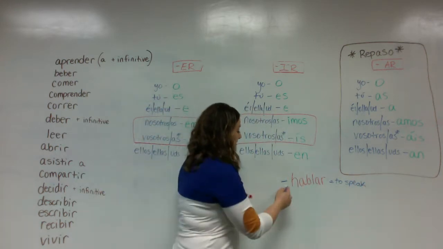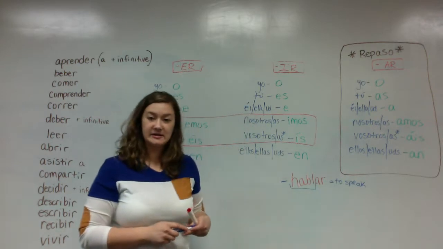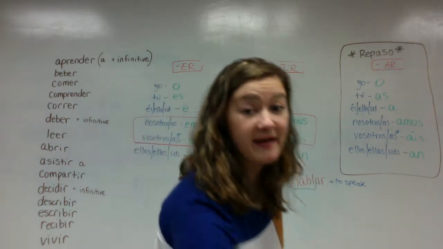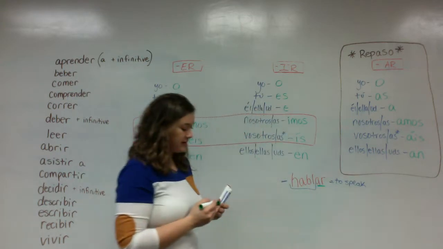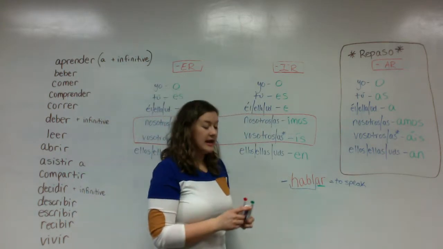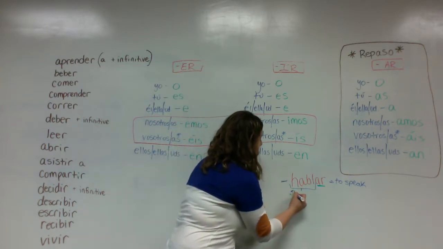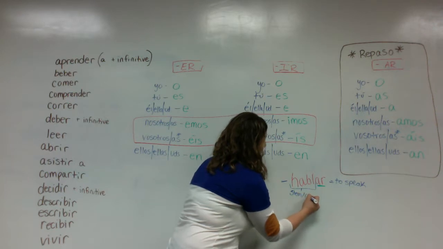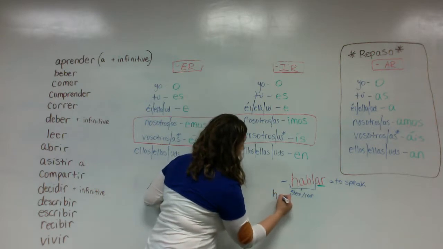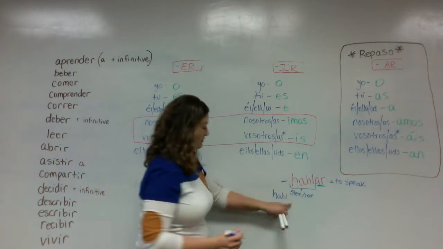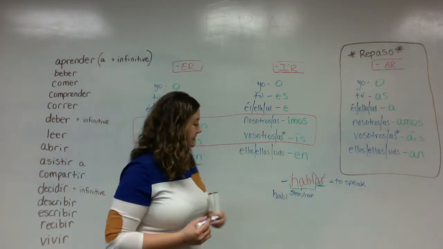So hablar, I identified it's a verb to speak. Now I'm going to identify my ending. The ending of this verb is AR, which we have already learned. Then I'm going to identify the stem or root of the verb. The stem or root of the verb is habla, without the AR.